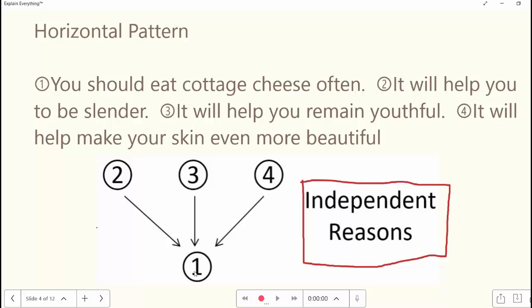Well, 2, 3, and 4 would be stacking more and more, metaphorically speaking, weight in favor of eating cottage cheese, but not because the fact that it would make you slender requires it to also make you remain youthful in order for it to count as evidence. Even if you didn't have the fact that it would help you remain youthful, it would still be evidence all by itself. So that's what we mean by independent reasons. And that will get contrasted.